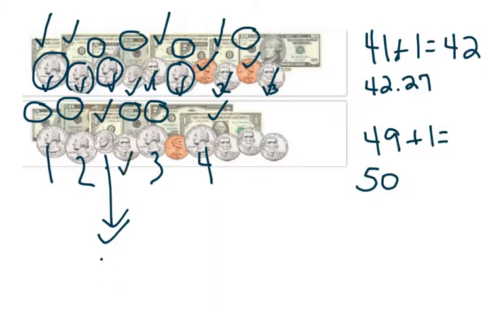Then we go 15, 20, 25, 30, and one more is 31. So $50.31. Again, I hope that I'm not making this seem like you should be able to do it quickly. This takes practice to count money.